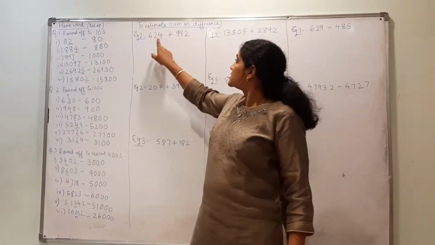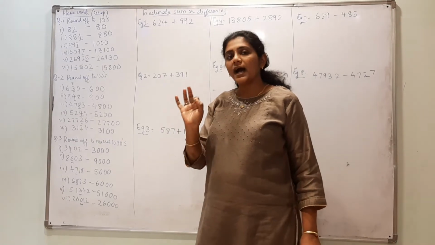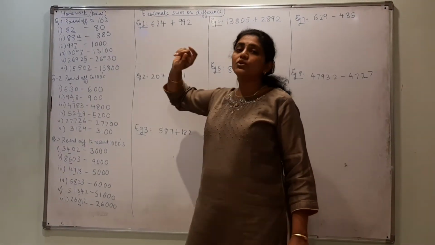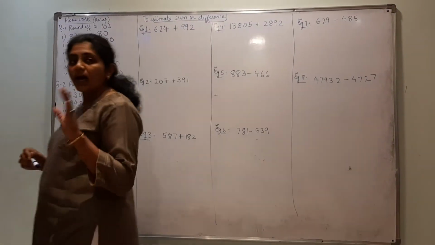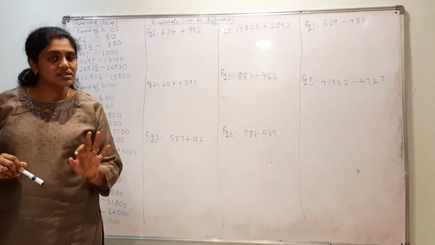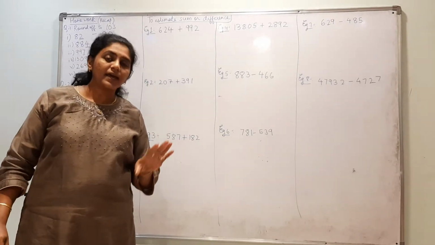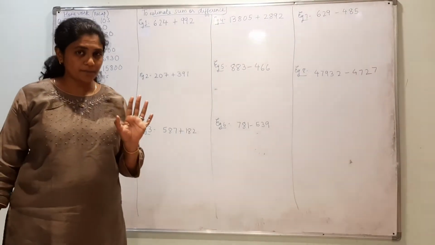These are 3 digit numbers. Maximum place I can round off is hundreds. So both the numbers I will round off to nearest hundreds. Whatever I will get, I will add it, and that will be my estimated sum.